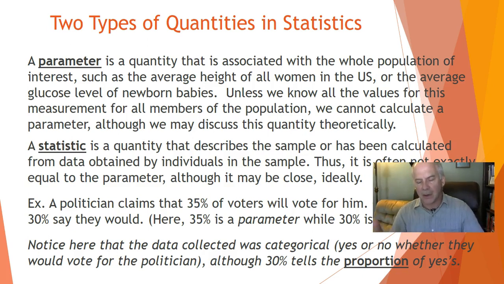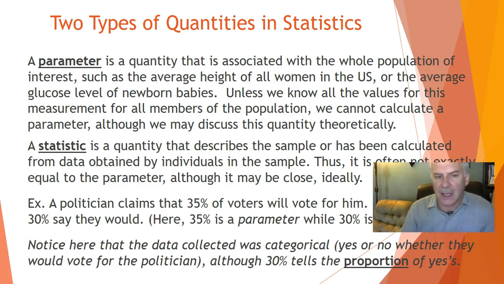So a parameter is a number that is associated with the whole population. And most often, we don't know what it is, but we just want to talk about it and figure out something about it, try to estimate it.